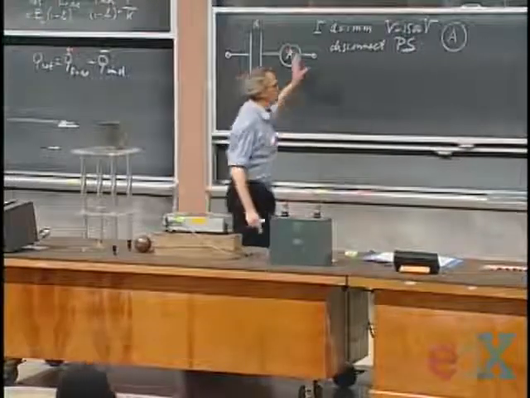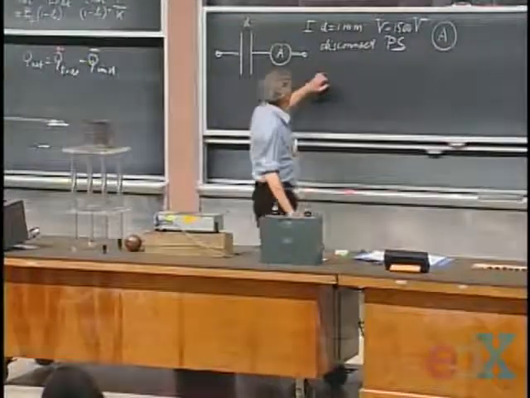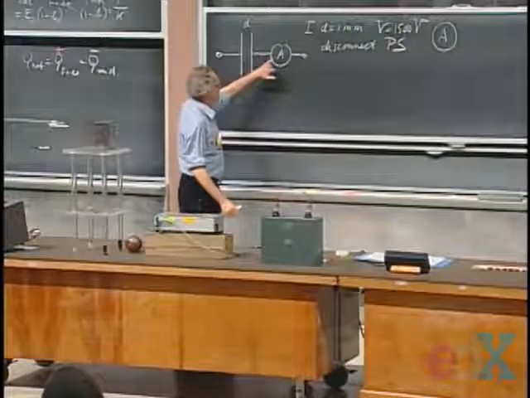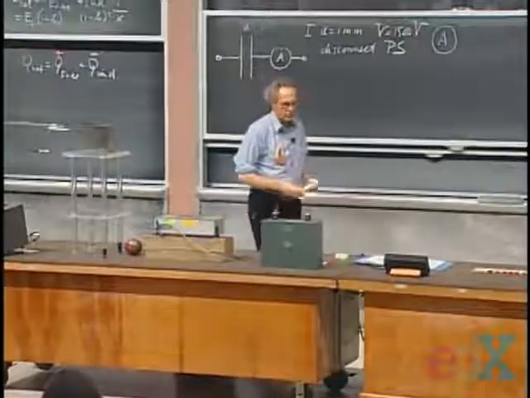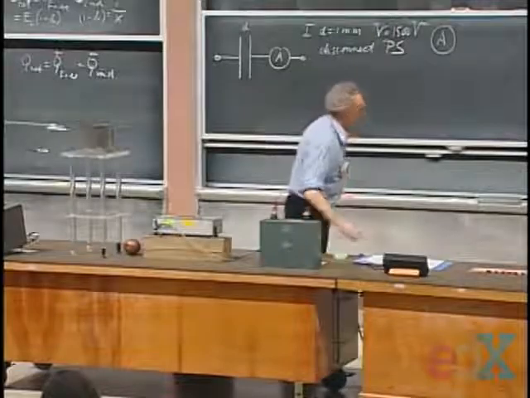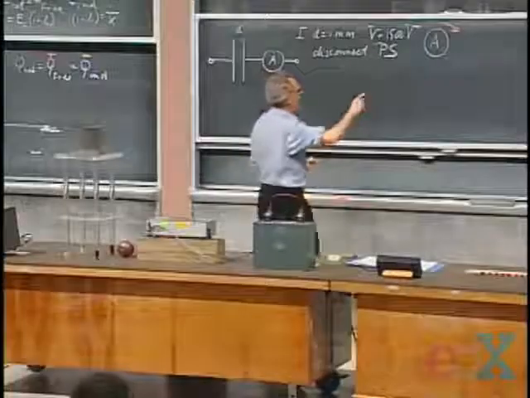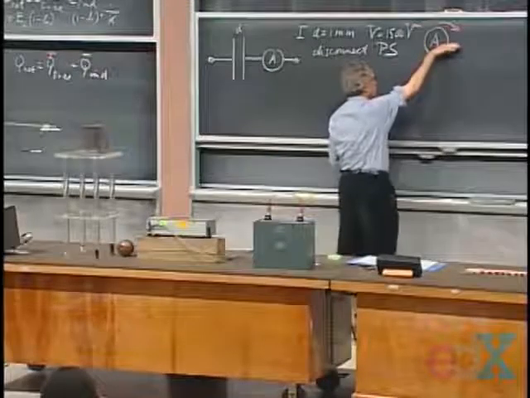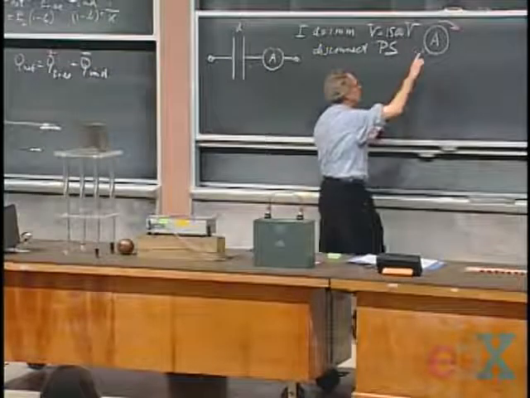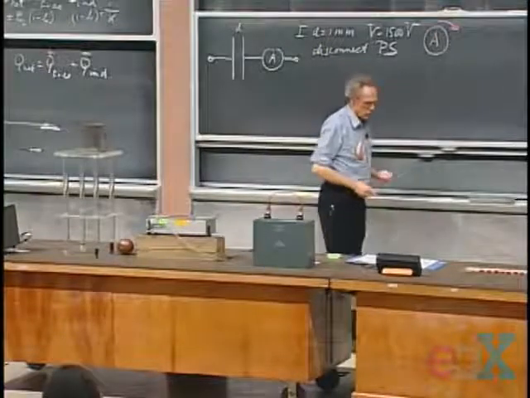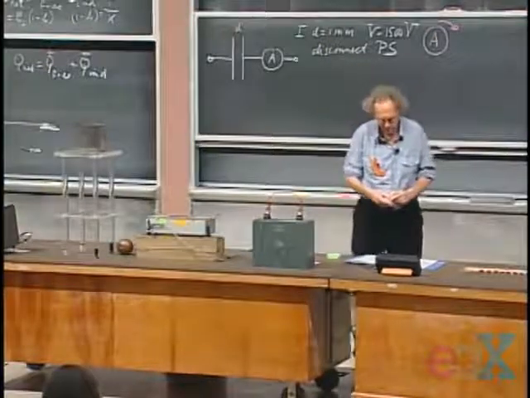Because as I put charge on the plates, the charge has to go from the power supply to the plates, and you will see the hand of the ammeter, as you will see on the wall there, go to the right side, just briefly, and then come back. This indicates that you're charging the plates.